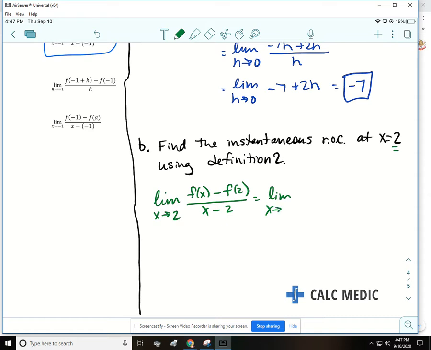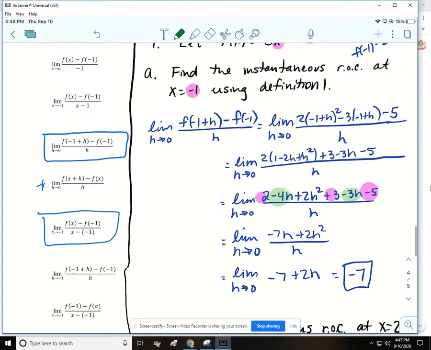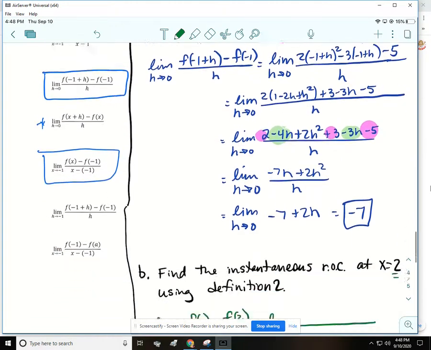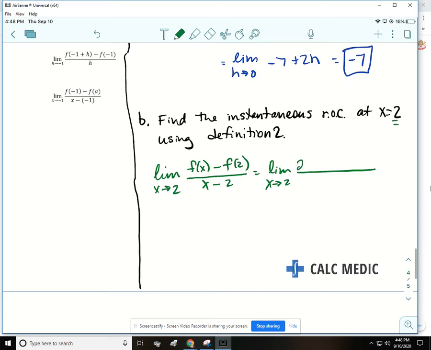Okay, so we are going to put in all our stuff. So f of x is 2x squared minus 3x. From that, we're going to subtract f of 2. So I'm going to put in 2 into 2x squared, so that's 2 times 4, which is 8.